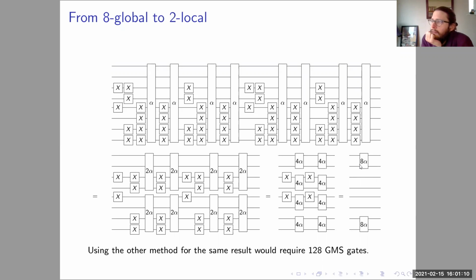But if you do the first pair with alpha interaction, you get 2 alpha on the 2-qubit gates and 2 alpha on the 6-qubit gates, and then with minus alpha you get -2 alpha on both. Then you can apply a single NOT on the top thing, and it becomes 2 alpha again. Then you get 4 alpha on the top, but the bottom one cancels. That is actually a good observation. That allows you to do this even faster.